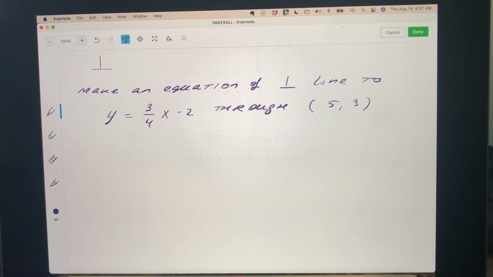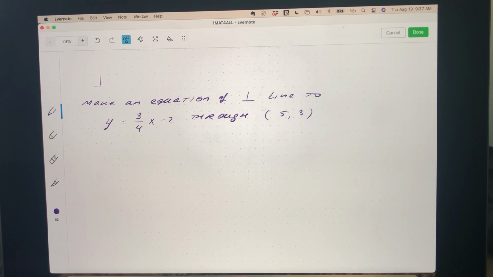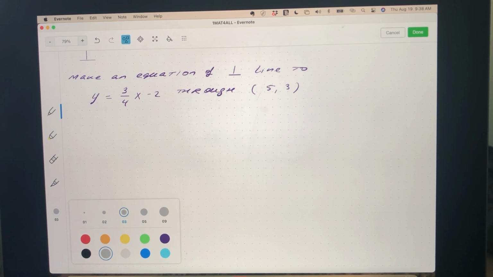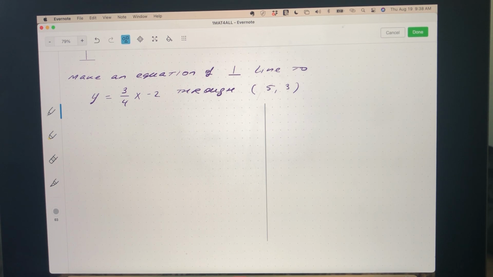Now, what is the question asking for? If we were to visualize with a sketch, we can see what we are asked to do. So here is our coordinate axis. The equation that we are given starts at -2 for the y, and then the slope is rise over run, so 3 units up, 4 units to the right.